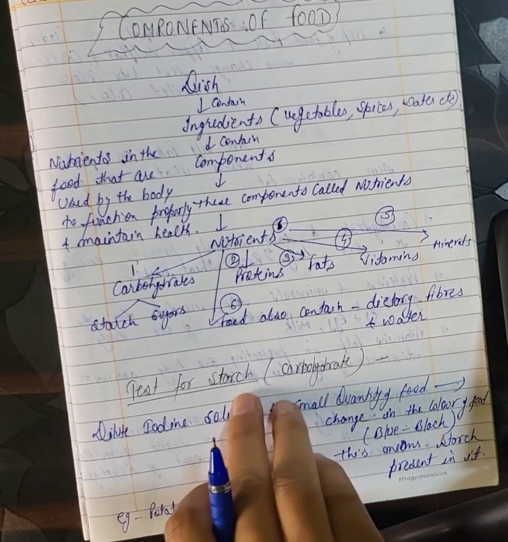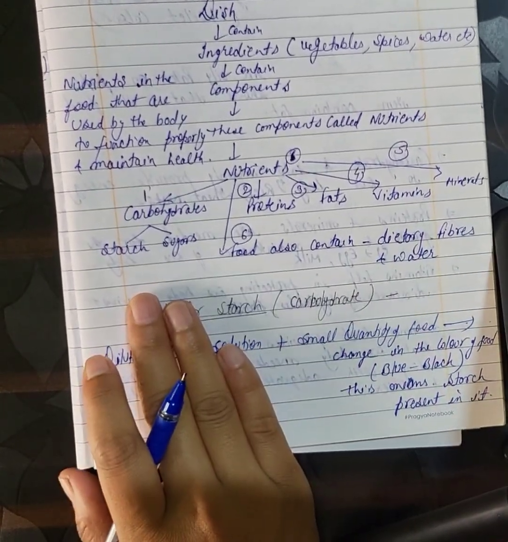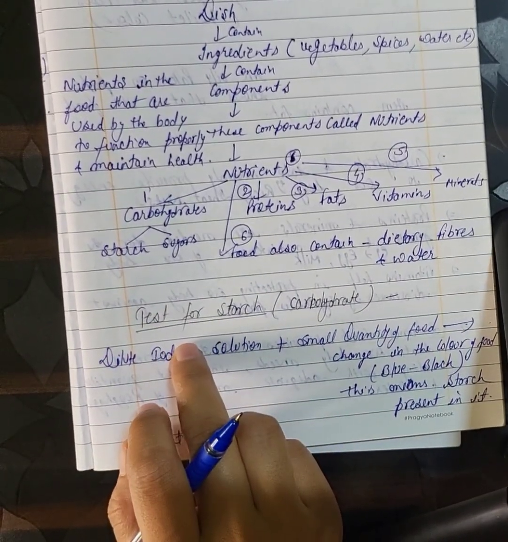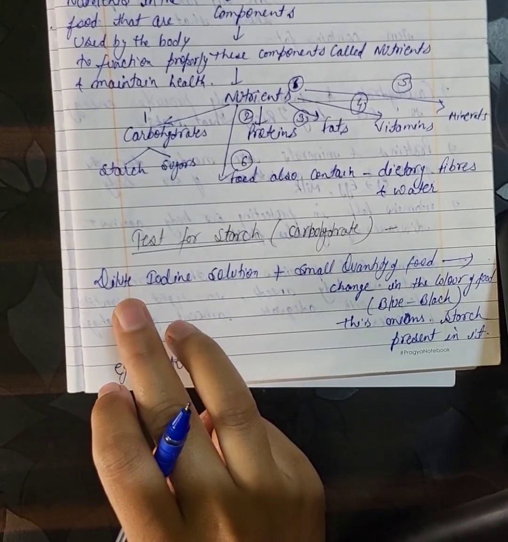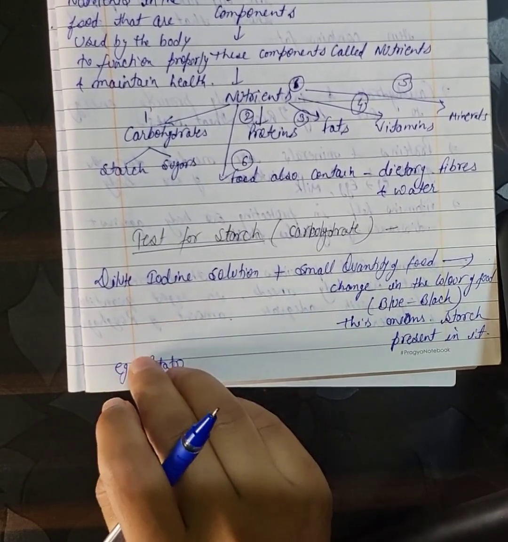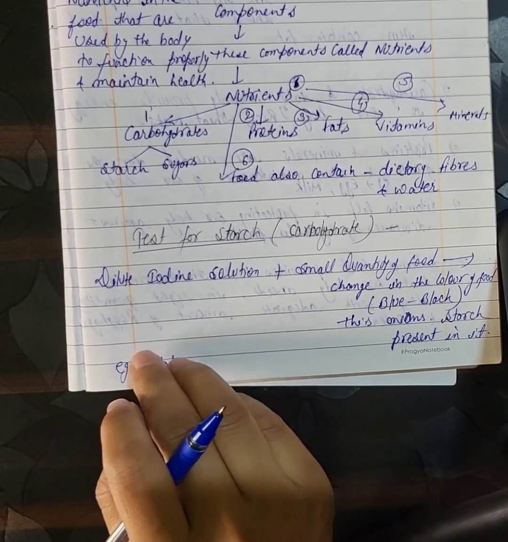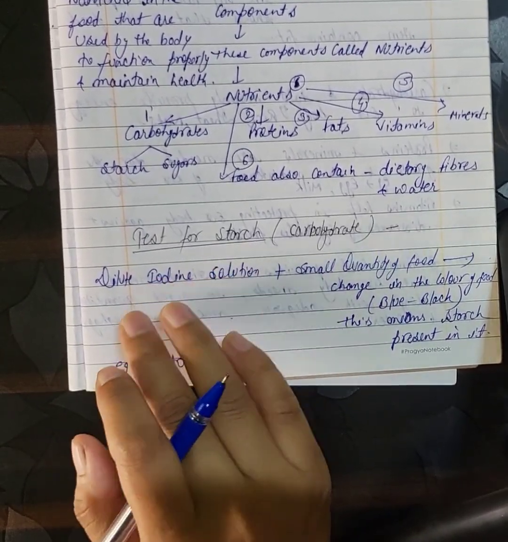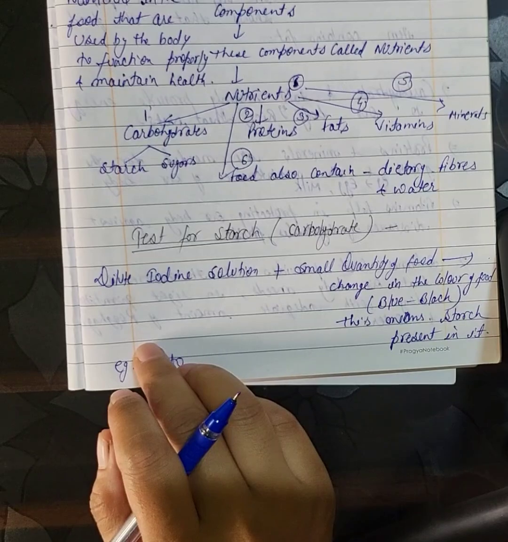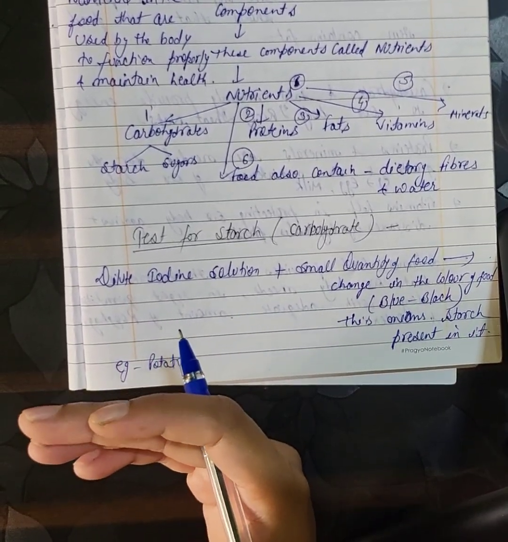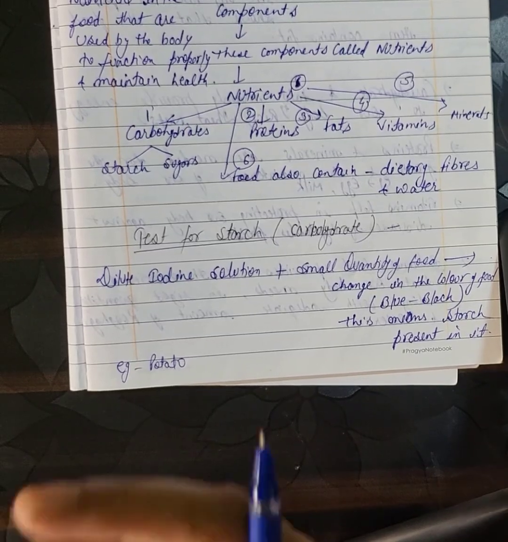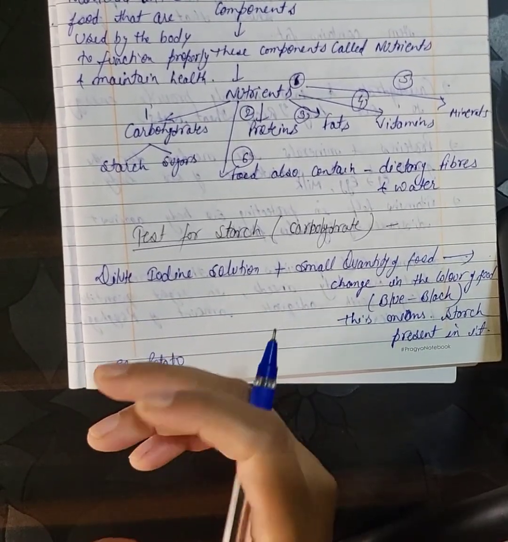This is the chapter I take from NCERT. In NCERT, they give two tests, one for carbohydrate and one for proteins. In your exam, maybe questions will arise like which test we use to know whether the food contains carbohydrate or not.